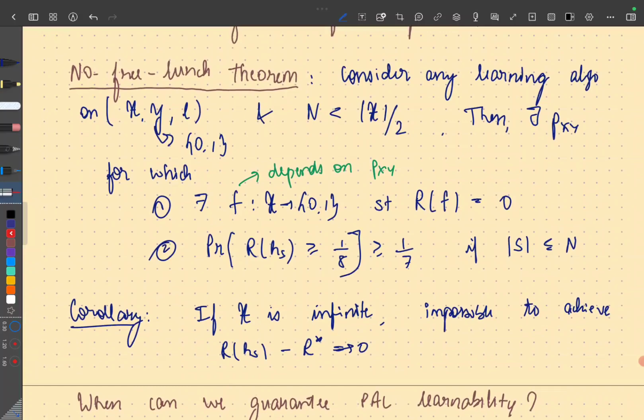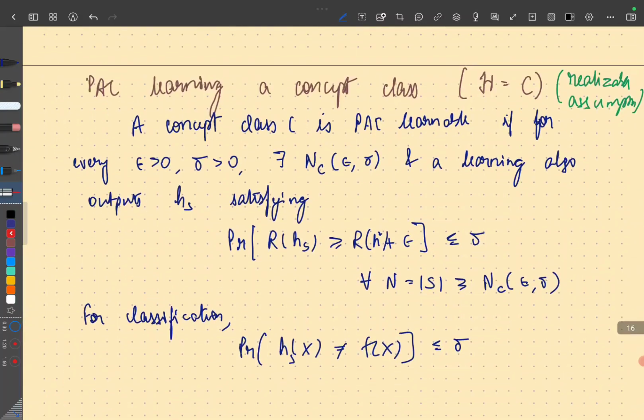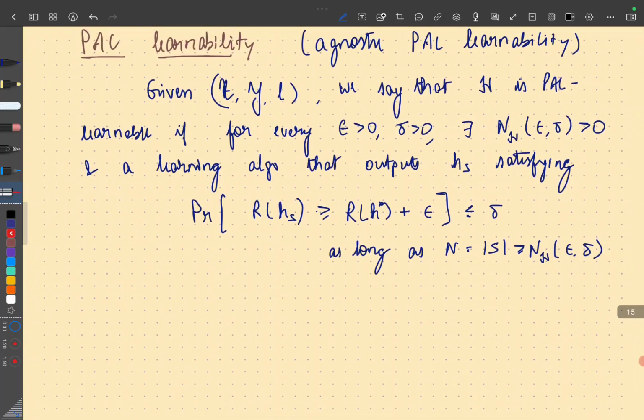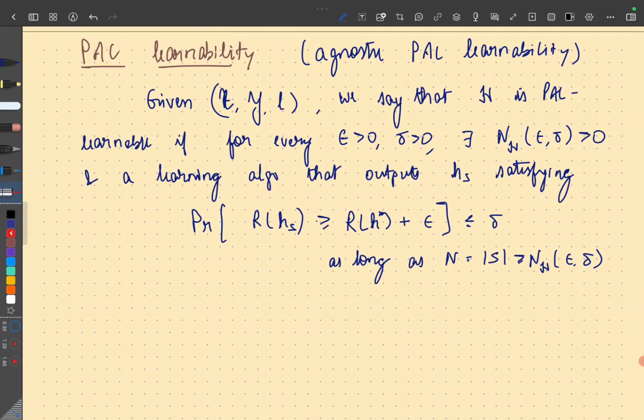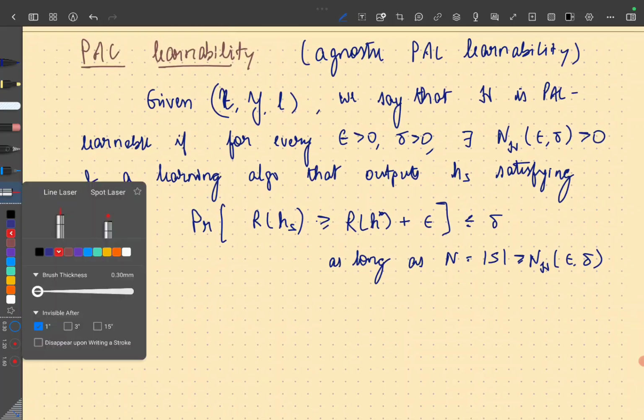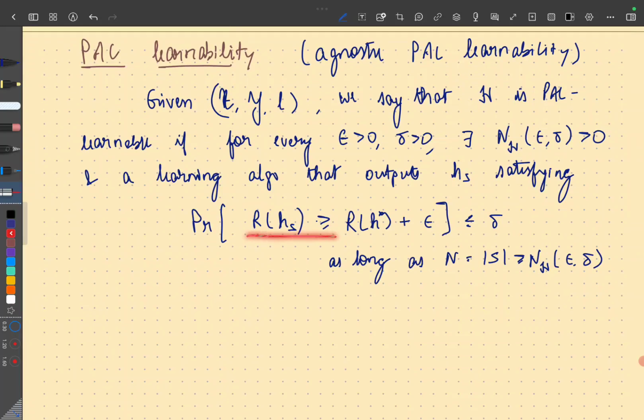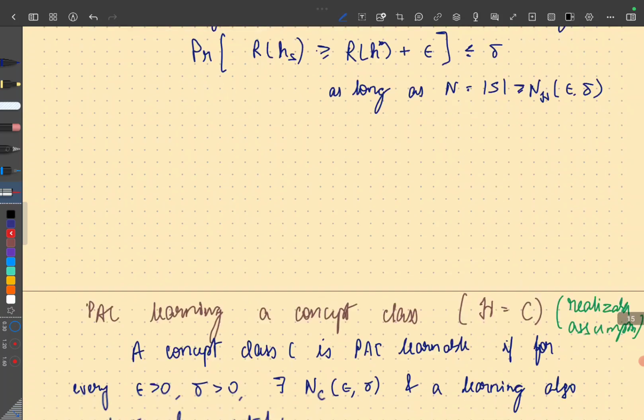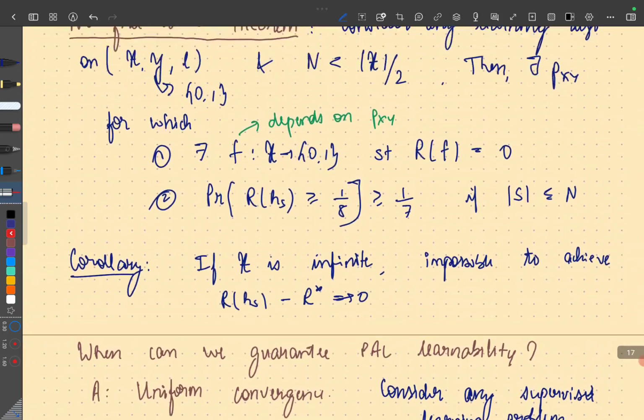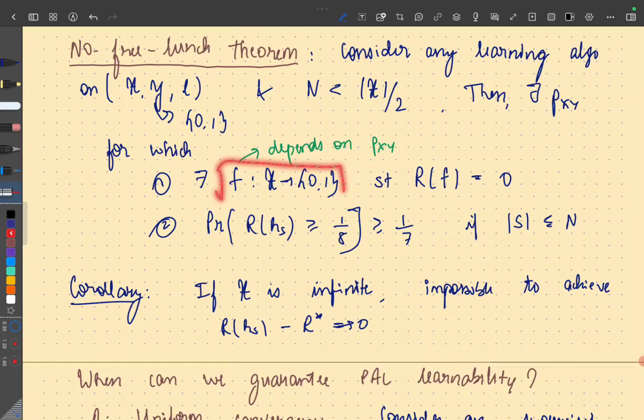No, so that's the difference. PAC learnability only says how well can you do within your hypothesis class. Your only goal is to achieve an arbitrarily small epsilon and delta compared to the best within your class. The no free lunch theorem says that there is some arbitrary function from the set of all possible functions from x to 0, 1.